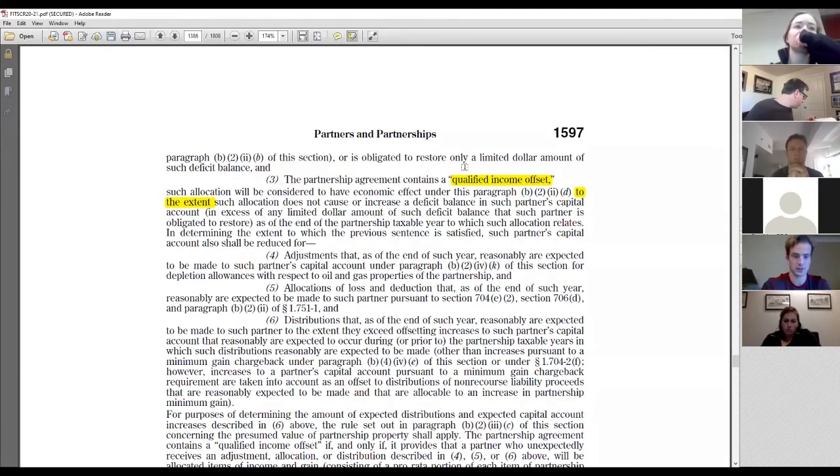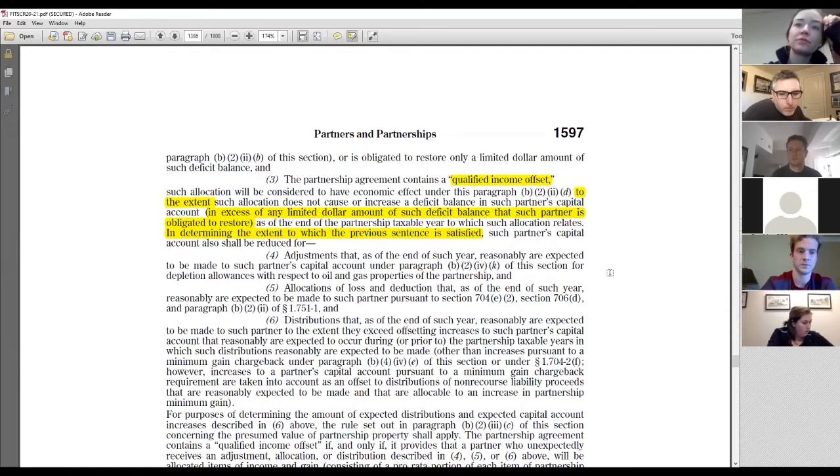We said the first 2 of the big 3 don't have the third, but you've got this QIO, which we still haven't talked about. Then such allocation, you look at whether it drives the partner's capital account below 0 or below the LDRO. That's the LDRO language. We haven't talked about the next sentence, which begins, in determining the extent to which the previous sentence is satisfied.